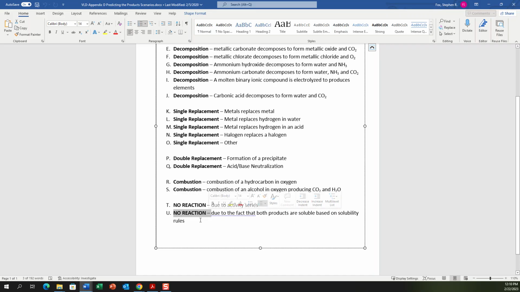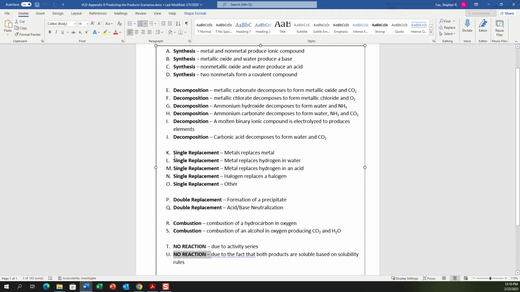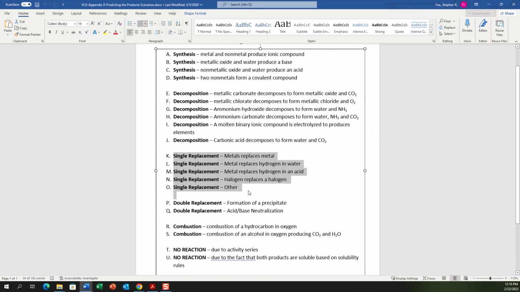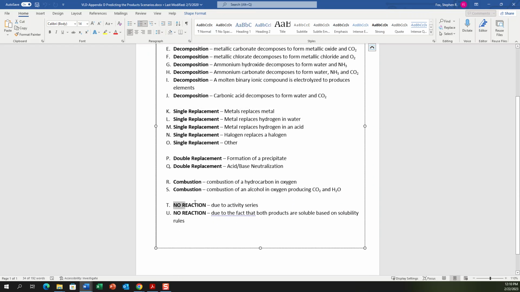So anytime you're thinking single replacement, it could be one of these, but then the other possibility is no reaction, scenario T. If you have a double replacement, it's either this one, or it could be scenario U. But the activity series is only for single replacement. Solubility rules is usually for double replacement if you're trying to figure out if you get a precipitate or not. Okay, all right. So let's dive into it.